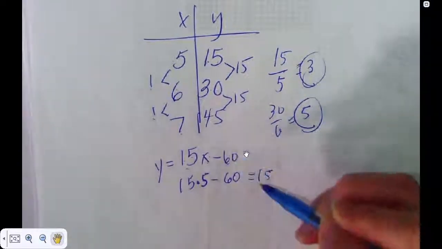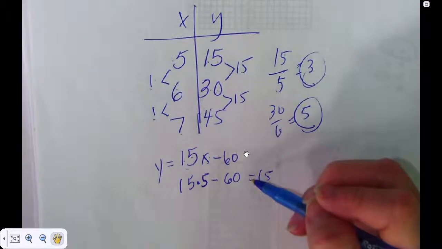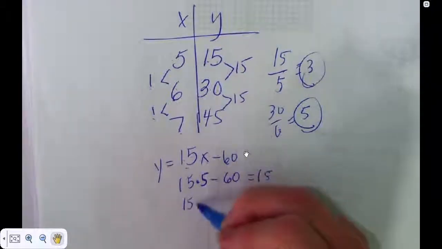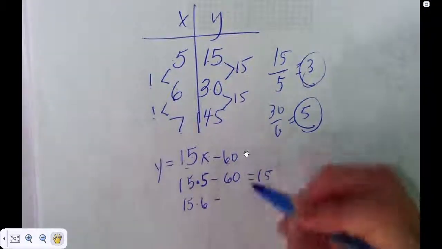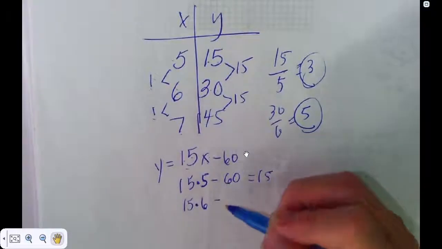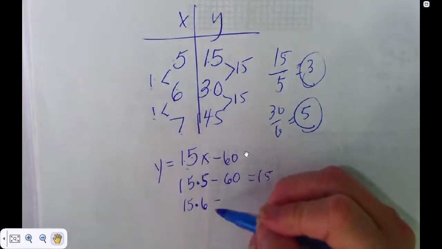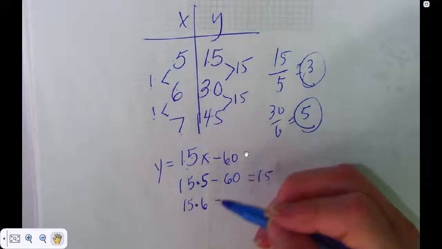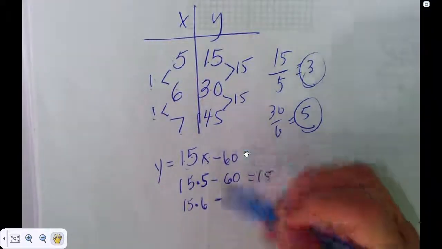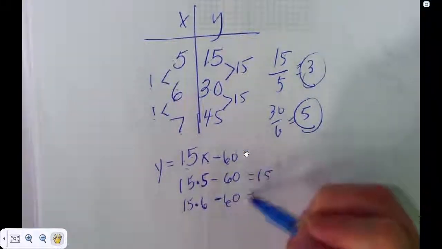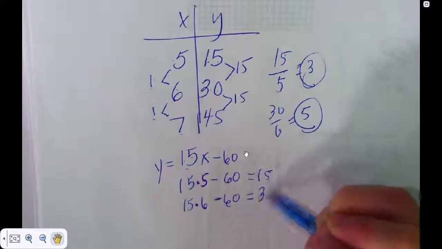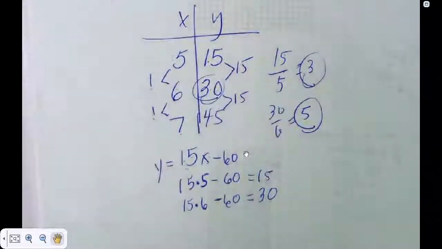Yes, 60. Thank you, Jaden. So what's 15 times 6? Do it on your calculator, please. What do you get? 90. And 90 minus 60 is what? 30. Hey, look, we got what we needed to get.